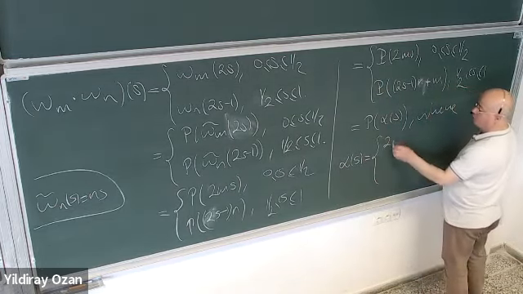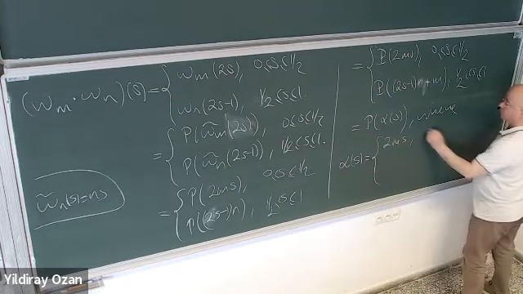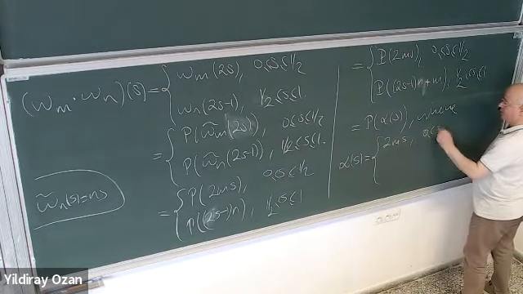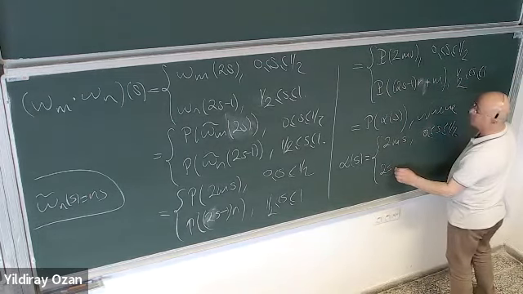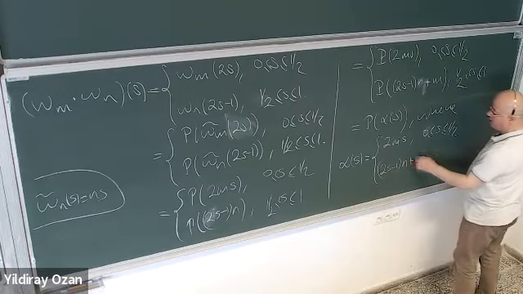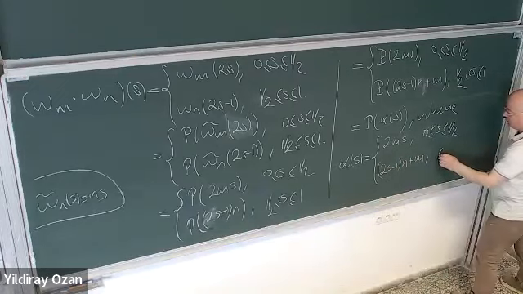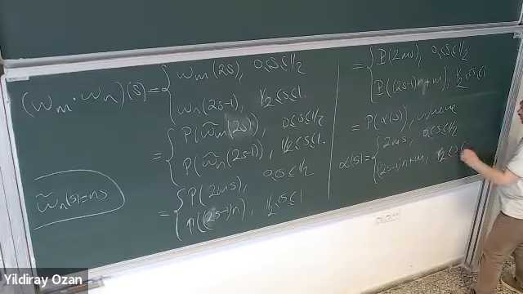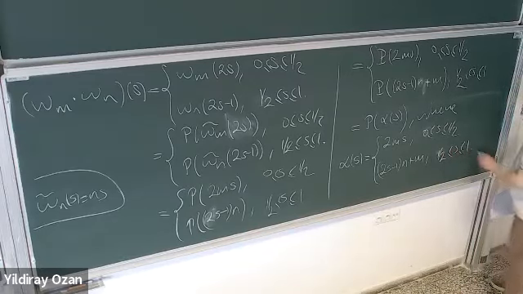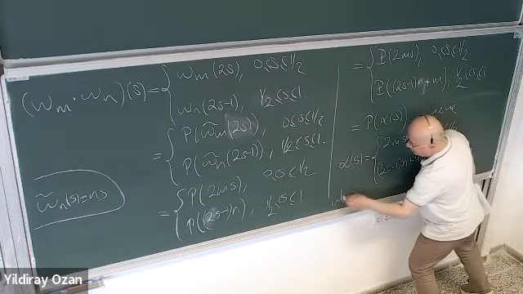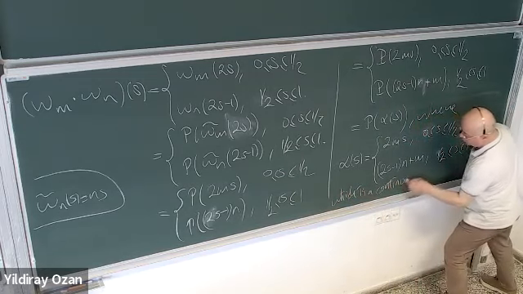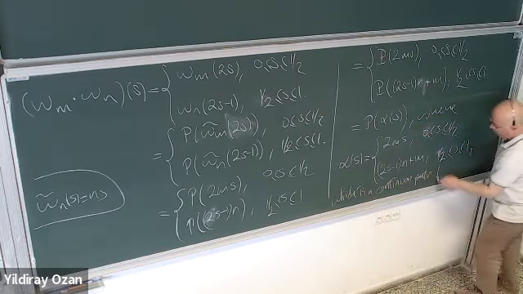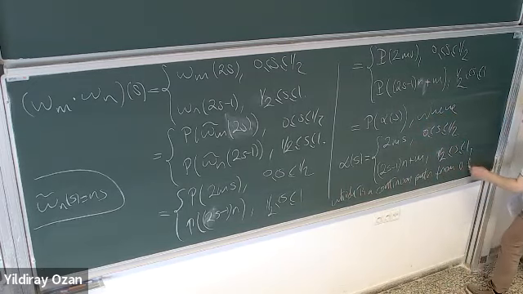It is just 2ms if s is between 0 and 1/2, and it is 2s minus 1 times n plus m if s is between 1/2 and 1, which is a continuous path from 0 to m plus n.